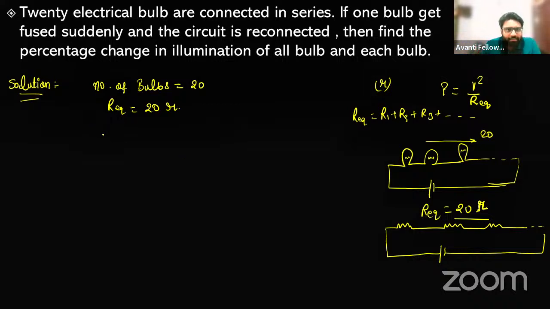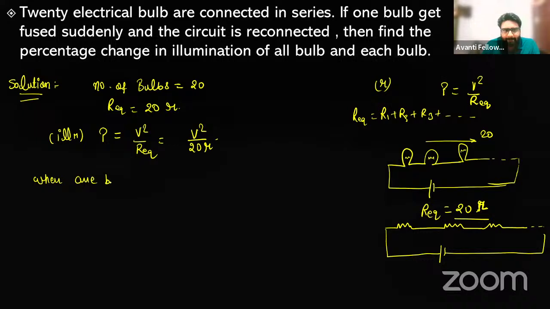So what is the power or illumination in this case? Illumination in the first case is V square upon R equivalent, which is V square upon 20R. Now when one bulb is fused, we have to remove that bulb.